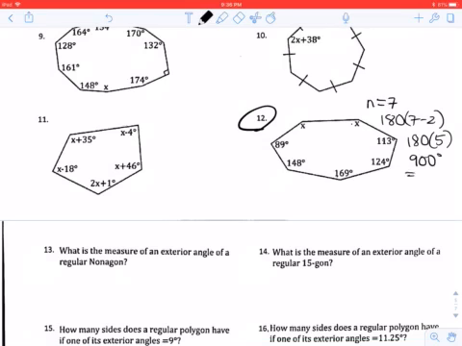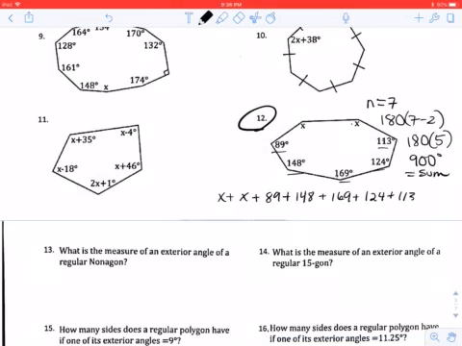So that is the sum of the interior angles. From there, you just have to add all these up and subtract that from 900. So I'm going to add 89, 148, 169, 124, 113. Actually, let me set up the equation for you so you can see. I have this plus this plus this plus this. That's 5 angles, but the other 2 angles are x and x.